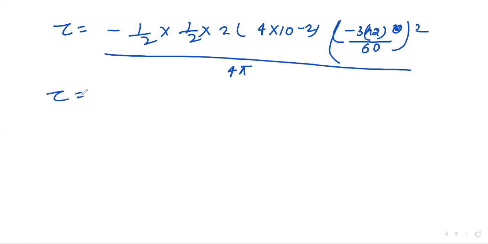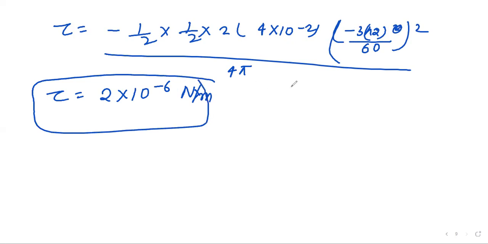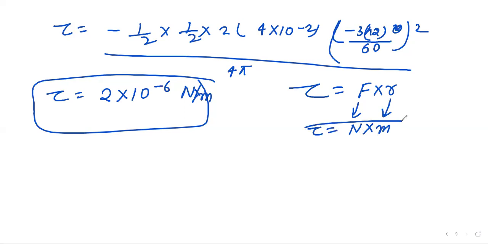So torque will be finally 2 into 10 raised to minus 6 Newton meter. Why Newton into meter? Torque is nothing but force into perpendicular distance. So force unit is Newton and radius unit is meter. So torque is Newton into meter.